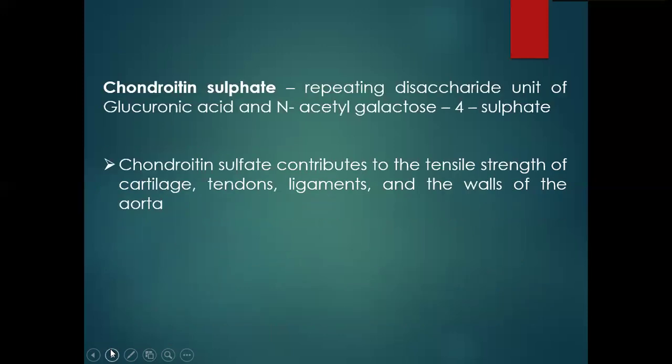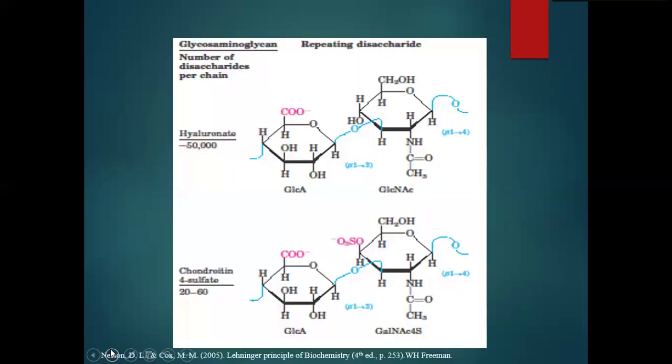Chondroitin sulfate also is a repeating disaccharide unit of glucuronic acid and N-acetylgalactosamine sulfate. Chondroitin sulfate contributes to the tensile strength of cartilage, tendons, ligaments, and the walls of the aorta.